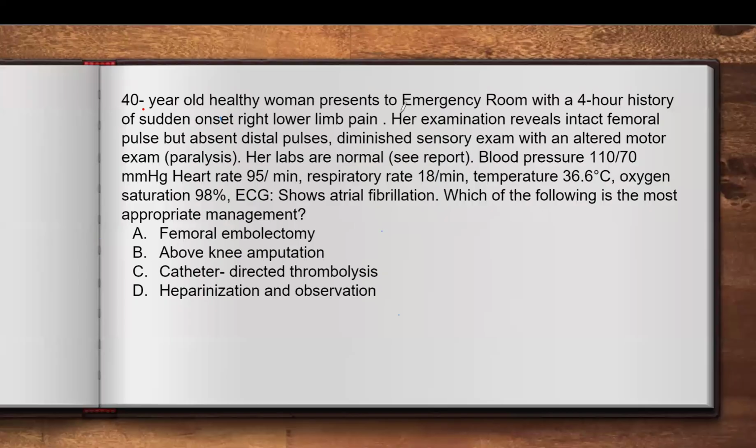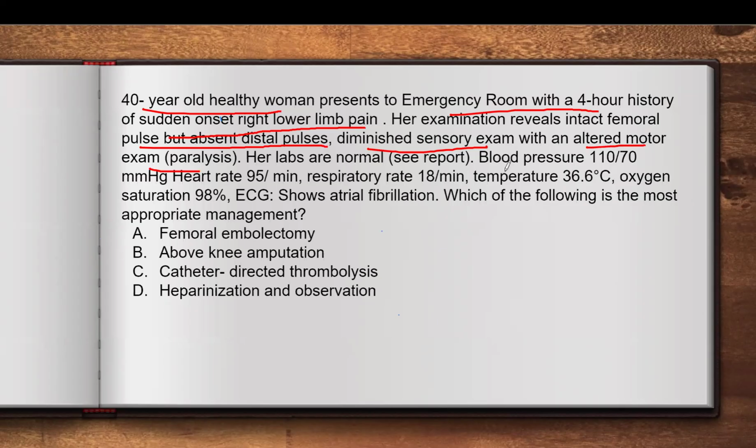A 40-year-old healthy woman presents to the emergency room with a 4-hour history of sudden onset right lower limb pain. Her examination reveals intact femoral pulse but absent distal pulses, diminished sensory exam with an altered motor exam or paralysis.